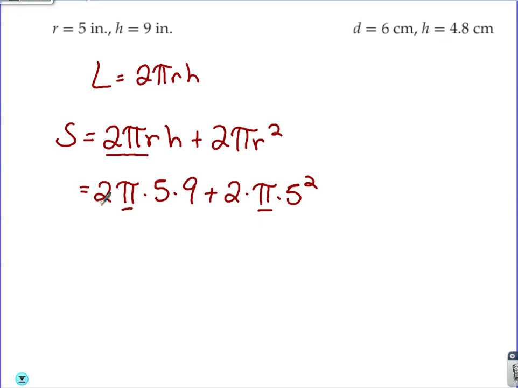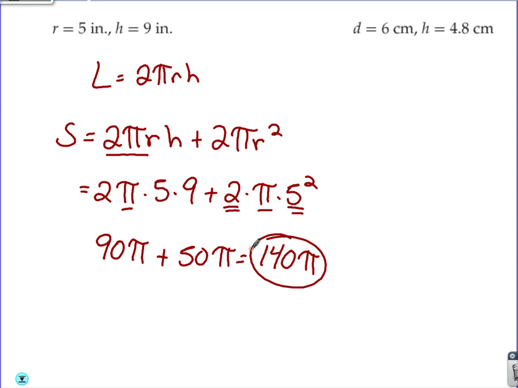Let's try to do it that way. 2 times 5 times 9 is 90, leave pi. Plus 2 times 5 squared, what's that? 50, leave pi. 90 pi plus 50 pi, that's 140 pi. If they leave your answer as exact, that's what you're going to get.